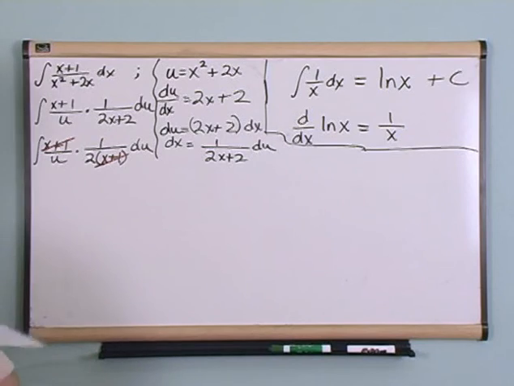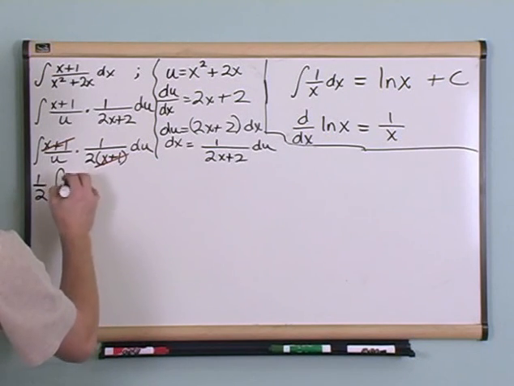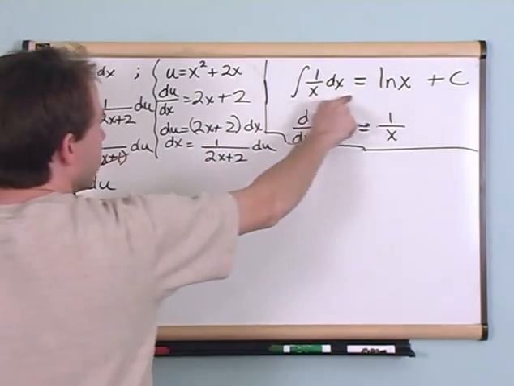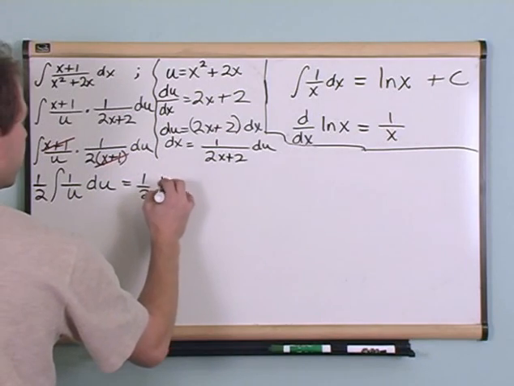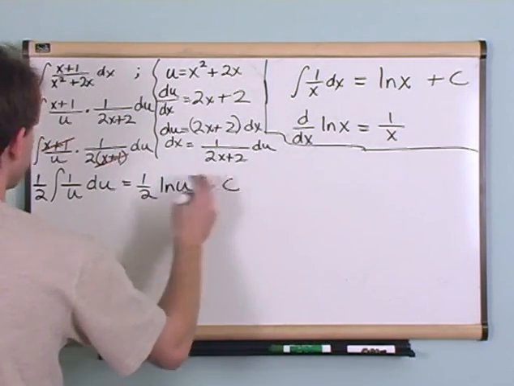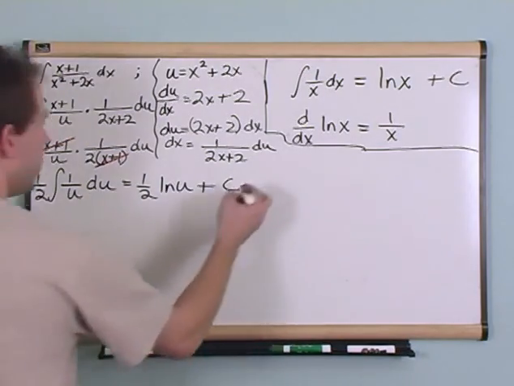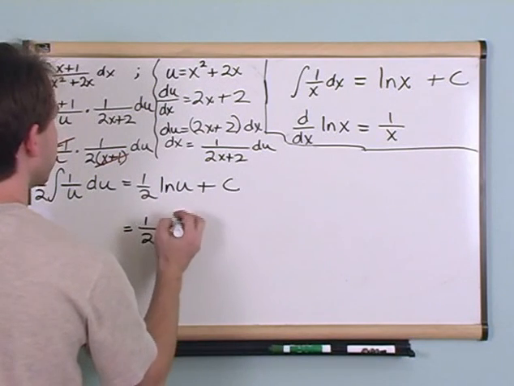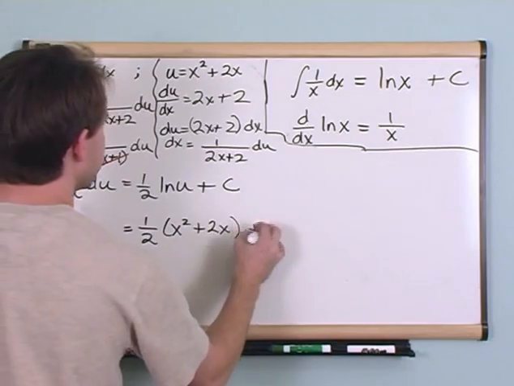If you've started to cancel something, then you've probably done something really good. I'm going to take this 1/2, pull it out of the integral, and then what you're left with on the inside is just 1 over u du, which we know now is just the natural log of u plus a constant, obviously, because there are no definite limits to the integration here. We don't want to leave our answer in terms of u, so we just want to go ahead and plug in x squared plus 2x plus a constant.